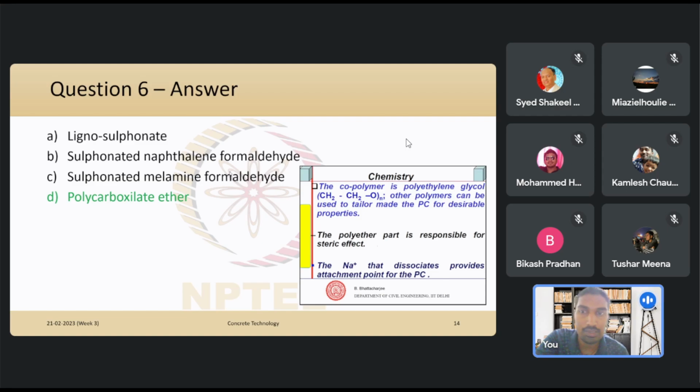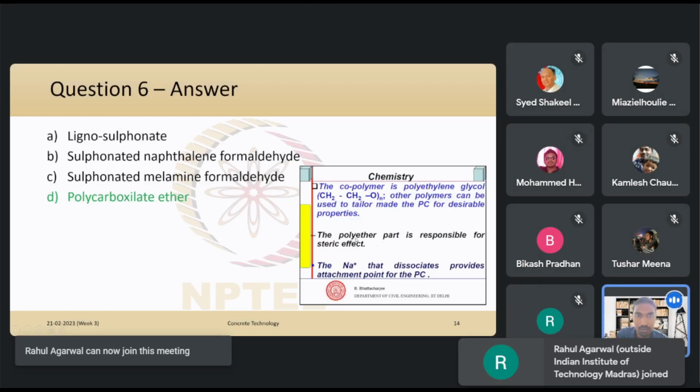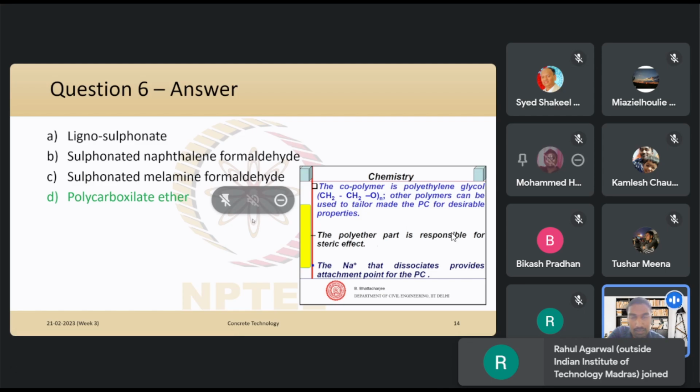Whereas the polycarboxylate ethers work differently. They have this polymer group, the polyether, which is a larger group compound that does not dissociate.